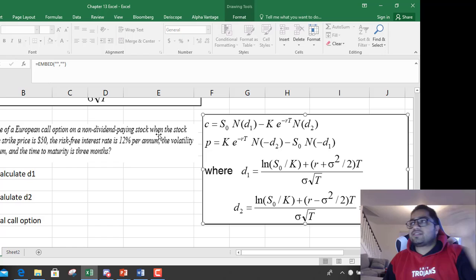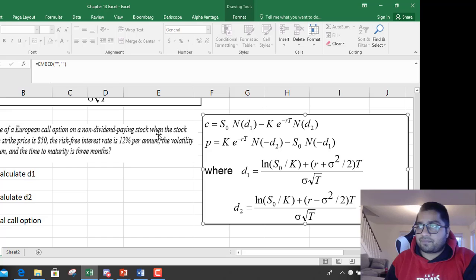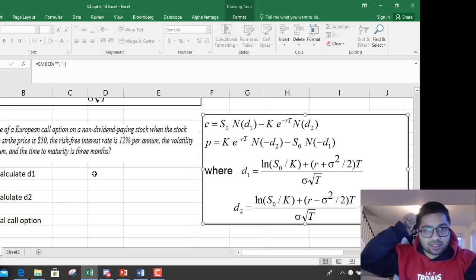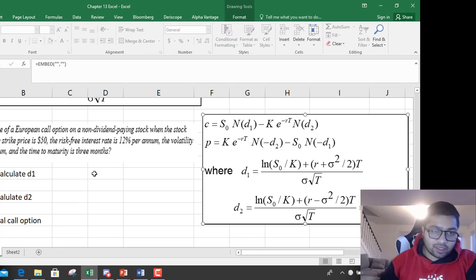American calls are similar to European calls, so values will be same, but there is no way of calculating values for American puts using Black-Scholes model. That was just information that you need to be aware of.